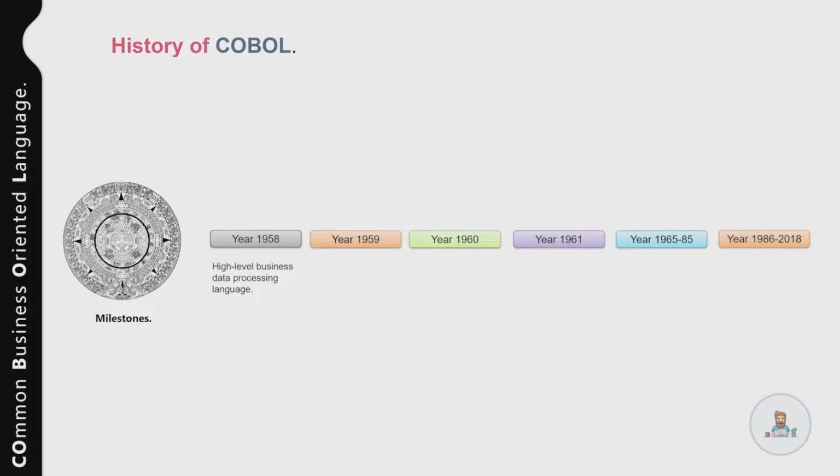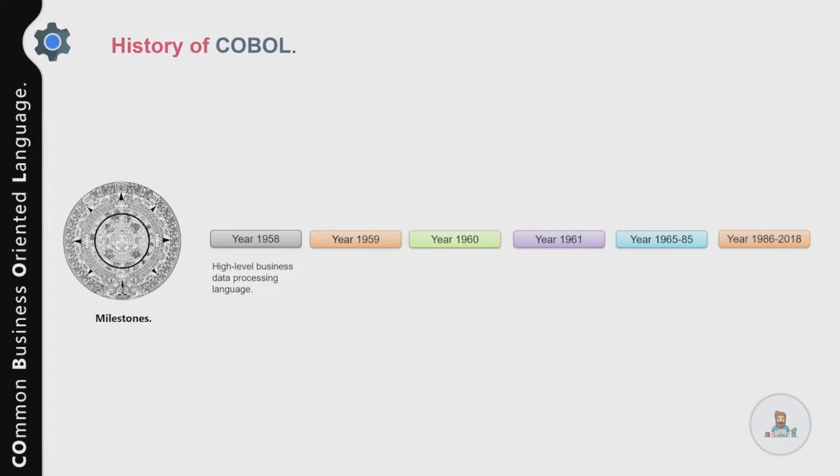The conference led to the formation of a team called CODASYL, that is Conference on Data System Languages. This team had representatives from civil and government organizations, academics, computer manufacturers, and other software enthusiasts to work towards the common goal.